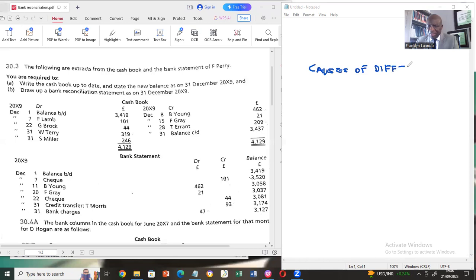Under normal circumstances, the cash book balance should be the same as the bank statement balance. But in practice, they are not the same. So we are looking at causes of the difference between the cash book balance and the bank statement balance.